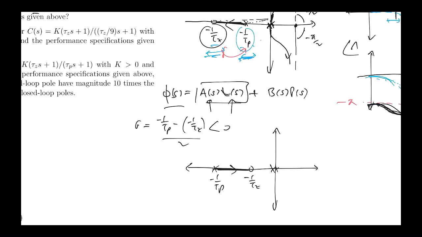So the asymptotes, which are approached by the root locus as k becomes large, as the root locus moves towards the zeros at infinity, because we have 2 of them by virtue of the fact that the open loop transfer function is relative degree 2, will now be anchored at some point in the left half plane, right? And really, this distance here is just this distance divided by 2.